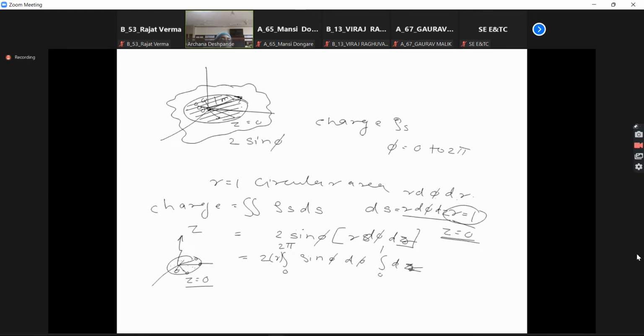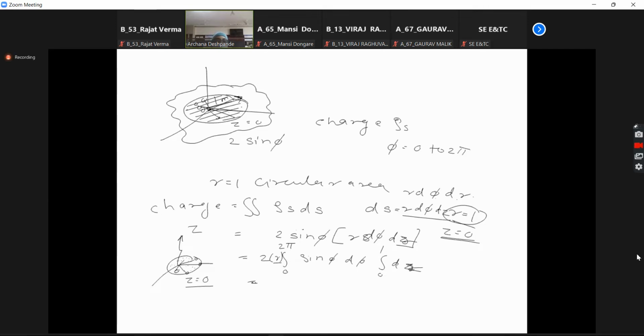So what we are doing is calculating all those small fluxes which are being emitted by these small areas, and then by integration we are adding all those fluxes. Therefore here r is equal to 1 will come, sin phi dphi into dr, 0 to 1.